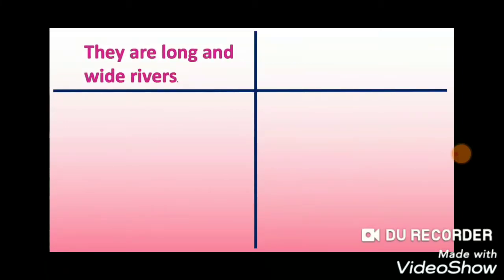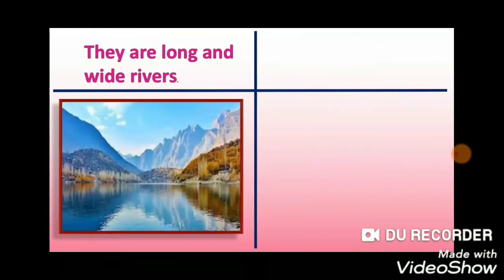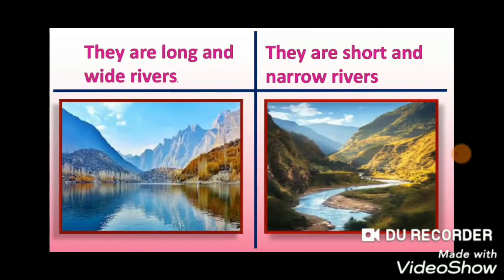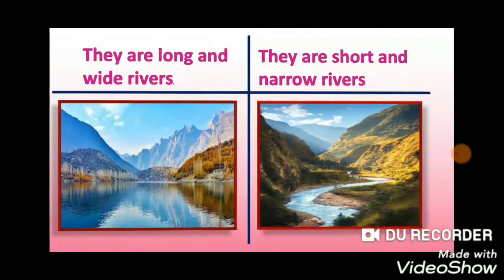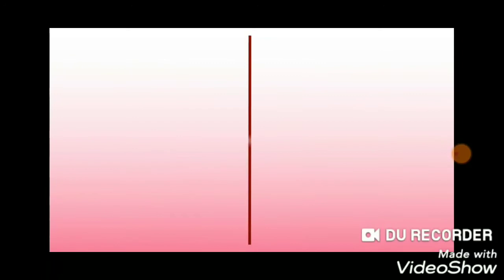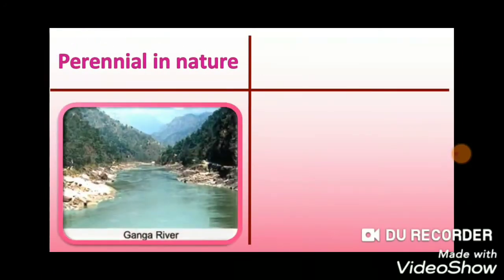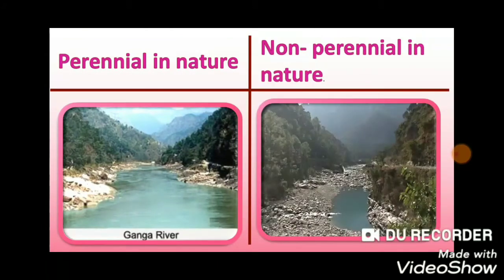They are long and wide rivers. They are short and narrow rivers. Third point, Himalayan rivers are perennial in nature. Peninsular rivers are non-perennial in nature.